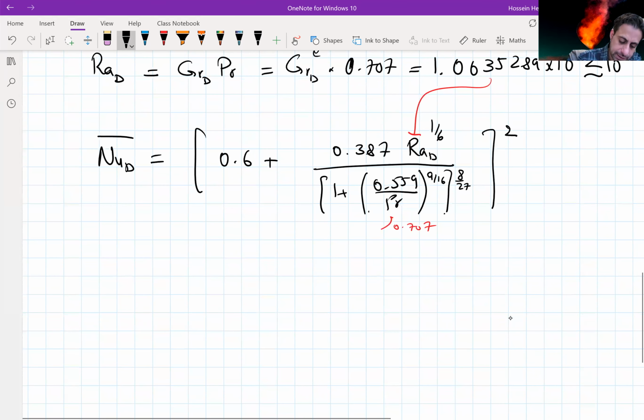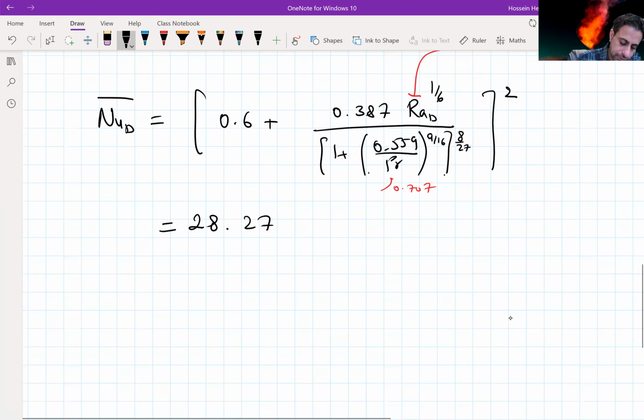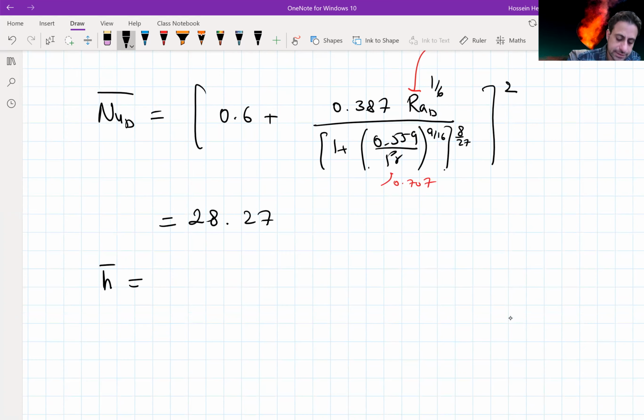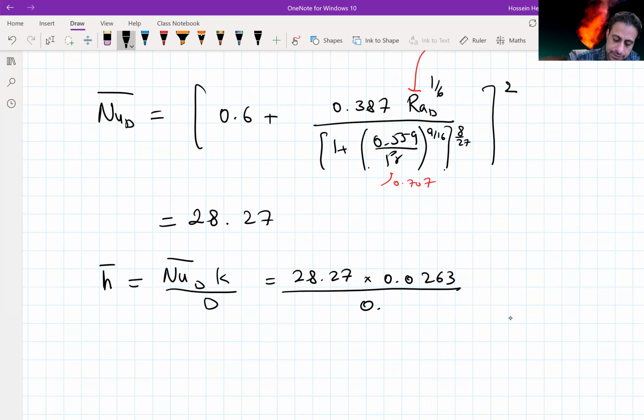If you do the calculations, the Nusselt number for this case is going to be 28.27. So h for this system is going to be Nusselt number D times k over D: 28.27 times 0.0263, and the diameter is 0.2. So it's going to be 3.7174 watts per meter squared Kelvin.